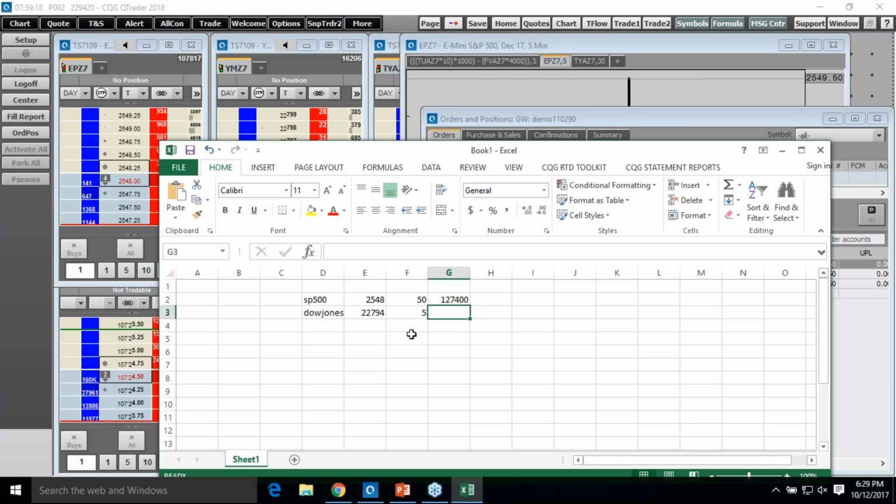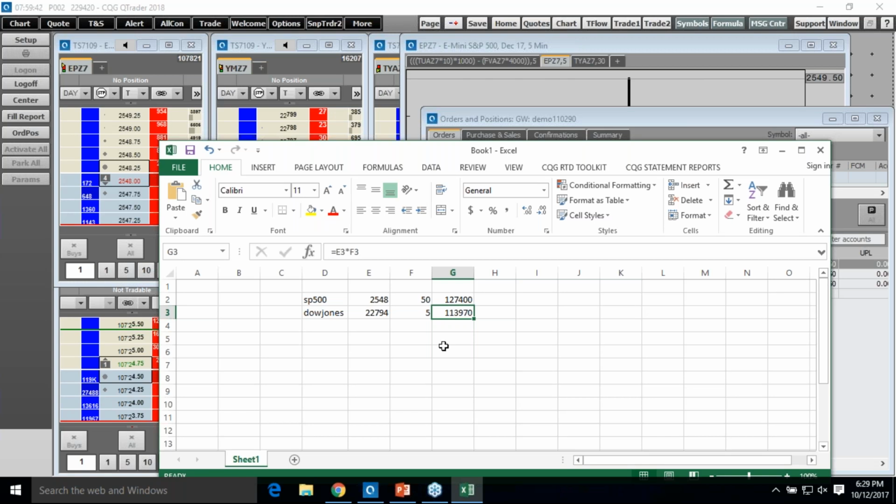That's the portfolio value that you are long at. And similarly, if you trade Dow Jones, you create a notional long or a short value of $113,970, right?